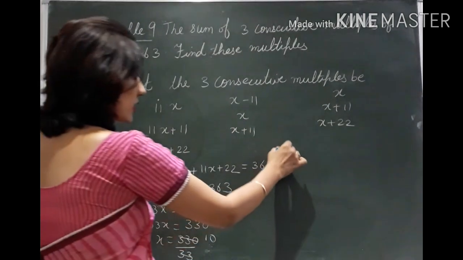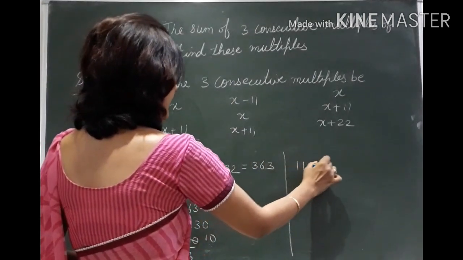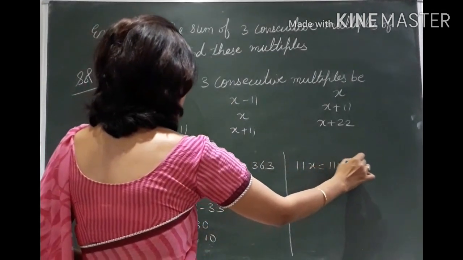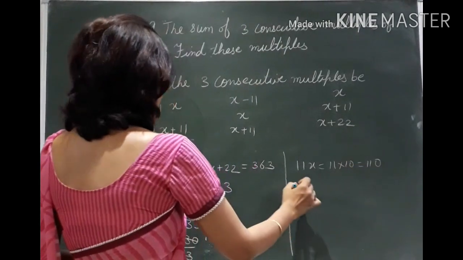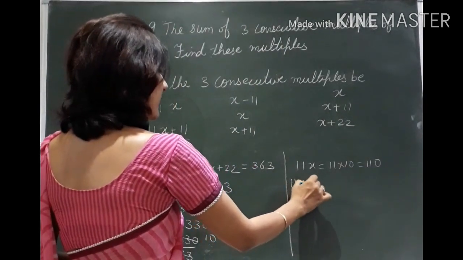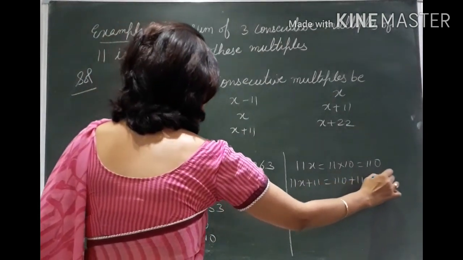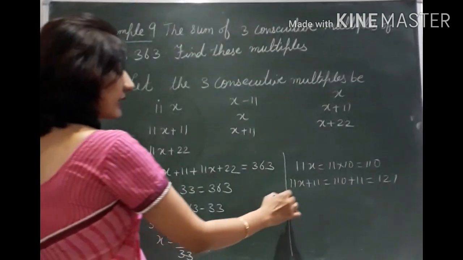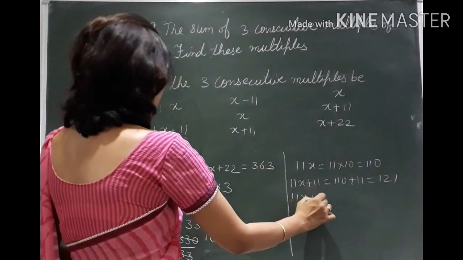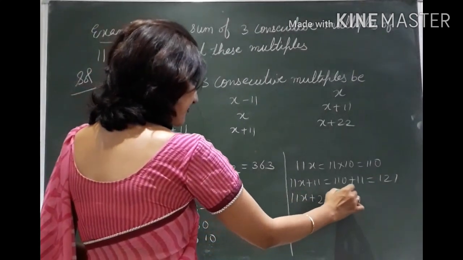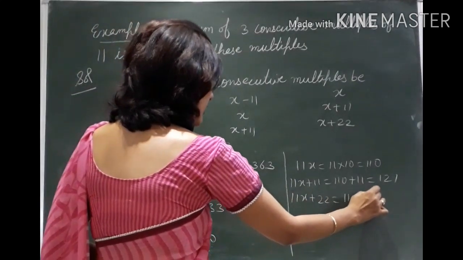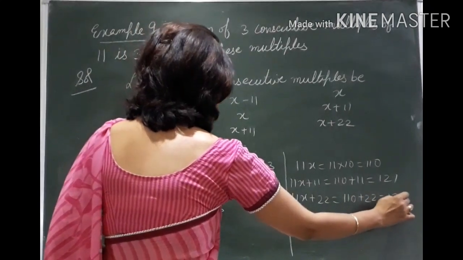That means the first multiple will be 11x, that is 11 into 10, which is equal to 110. Second multiple is 11x plus 11, that is 110 plus 11 equals to 121. And third multiple is 11x plus 22, that is 110 plus 22 equals to 132.